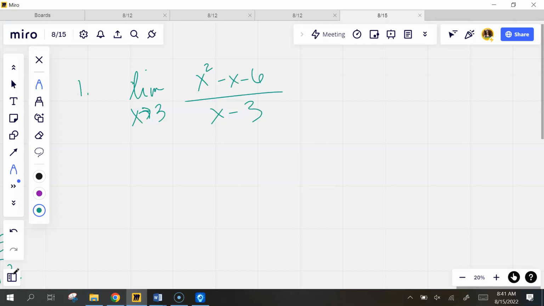Anybody got it yet? Does substitution work here? Why? That's right. There's a hole there. What do I need to do first?